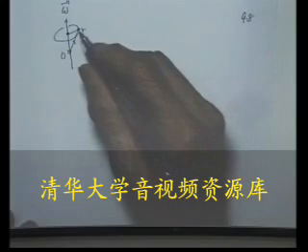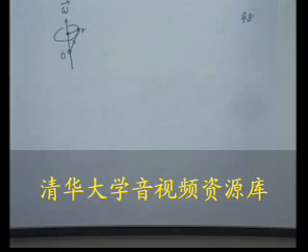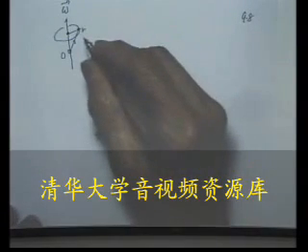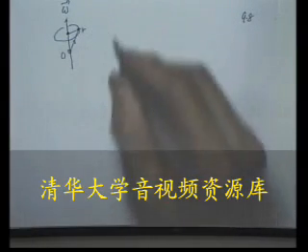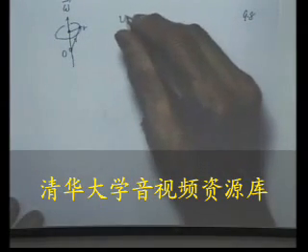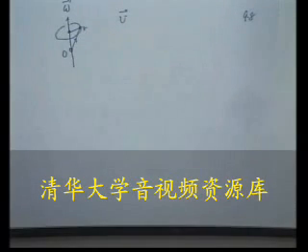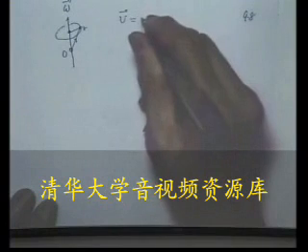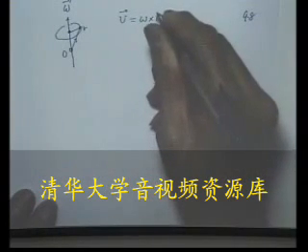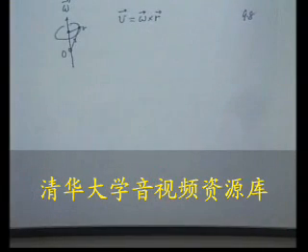What is the velocity of this point? I claim it is v equals omega cross r. This is a rigid body, and it rotates. First, the direction.